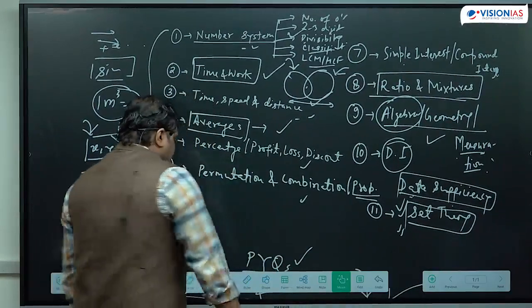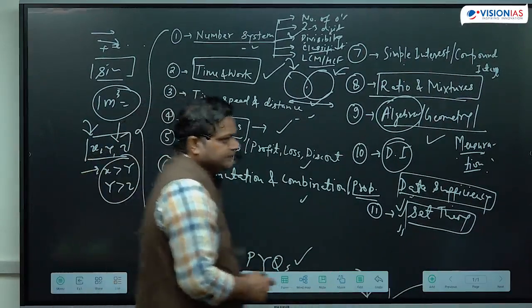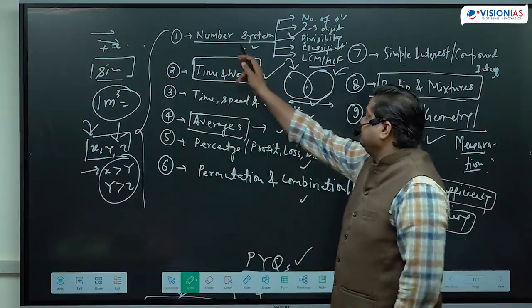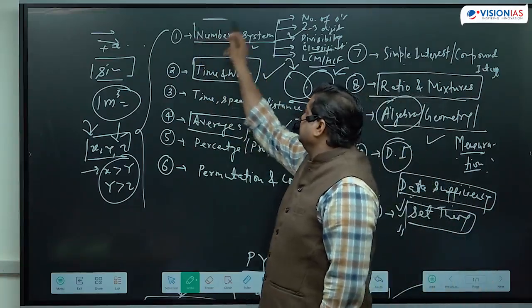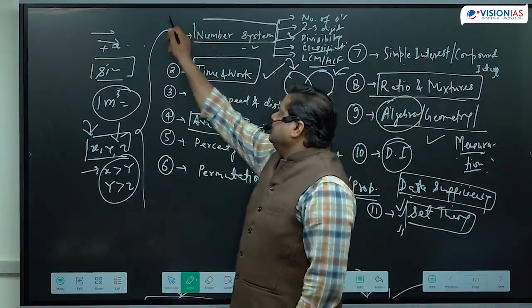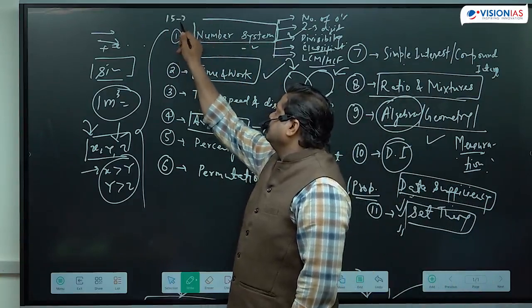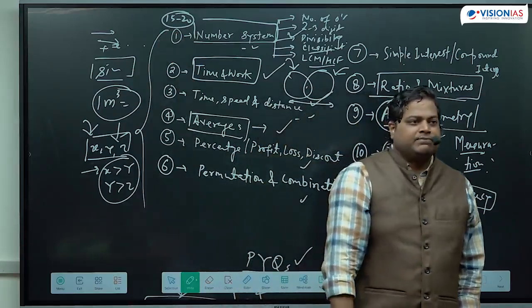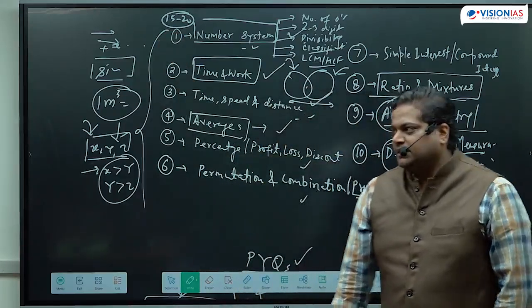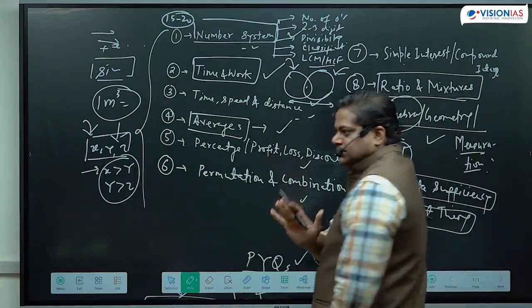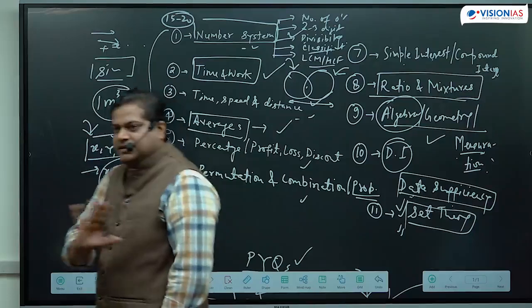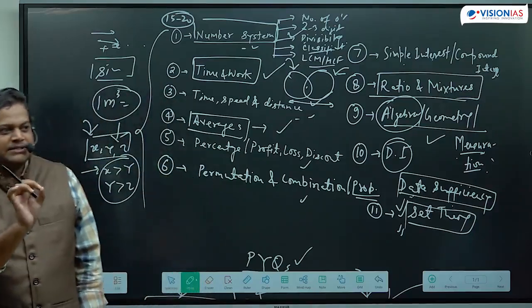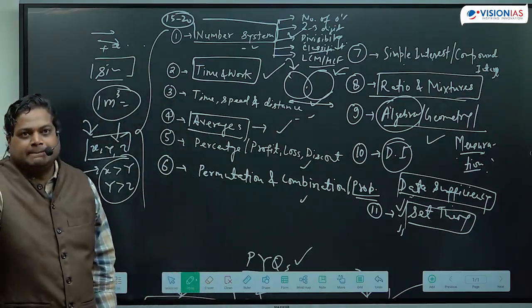So if we see ki number of questions, number system से every year 15 to 20 questions. Last 5 years में average है from number system around 15 questions.